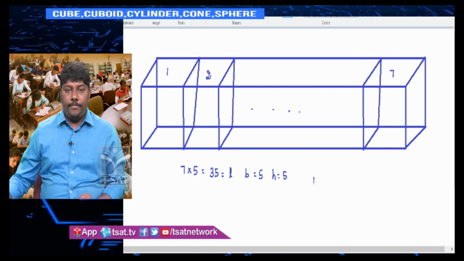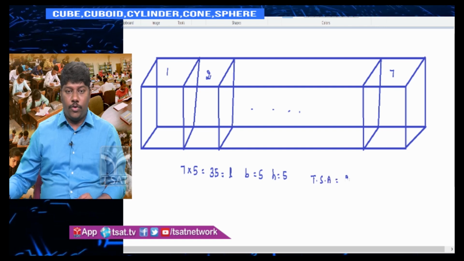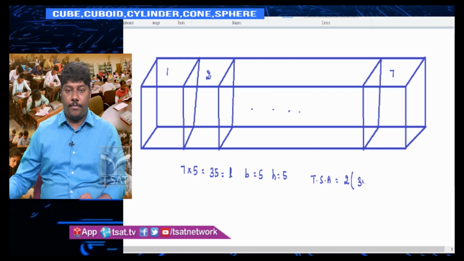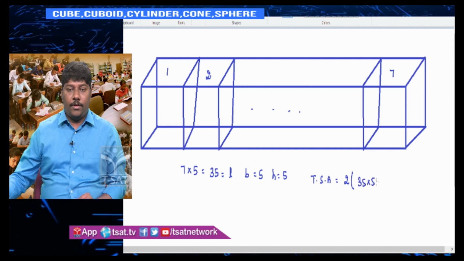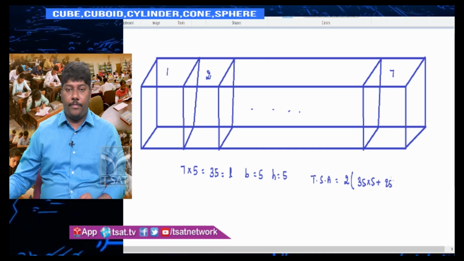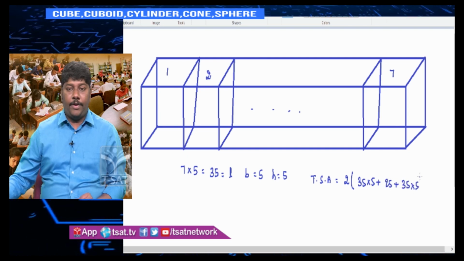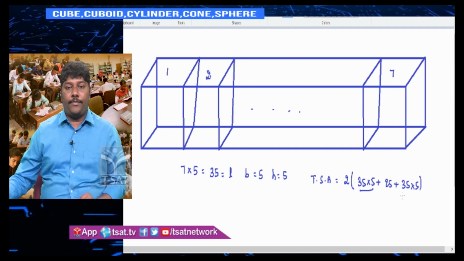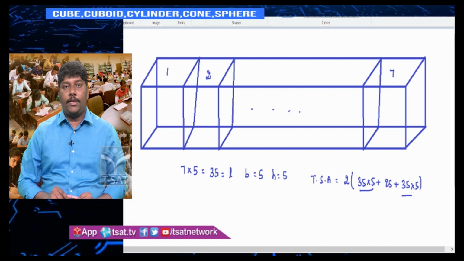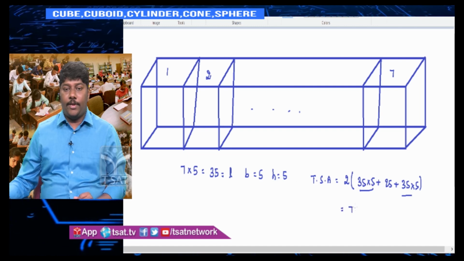Total surface area is equal to 2 into L into B, 35 into 5, plus BH 5 into 5, 25, plus again 35 into 5. 35 into 5 plus 35 into 5 becomes 35 into 10, that is 350, plus 25, 375, into 2. Total area is 750.